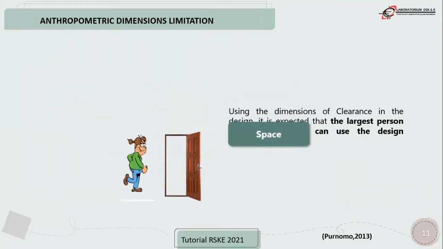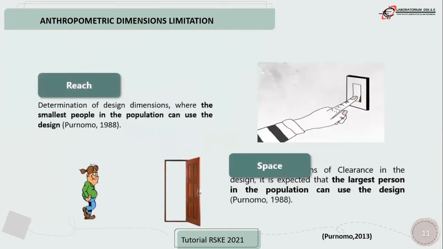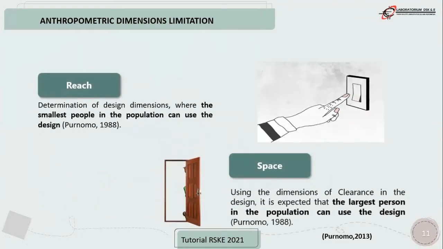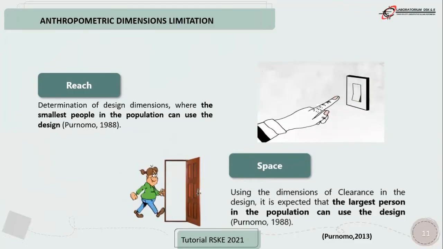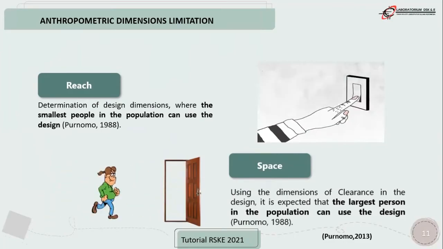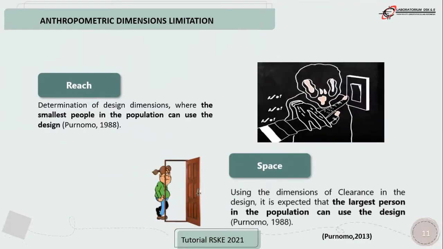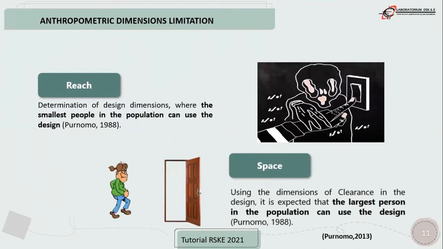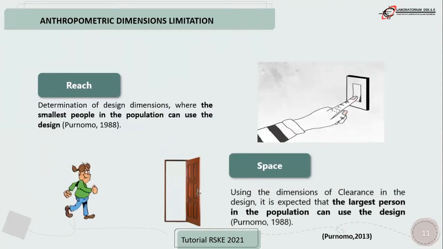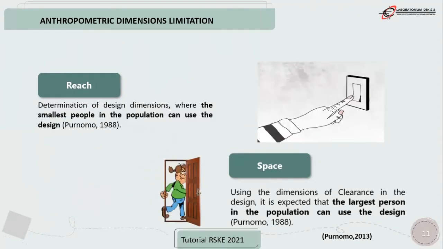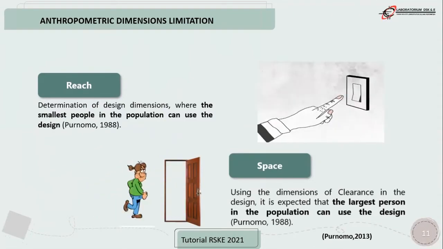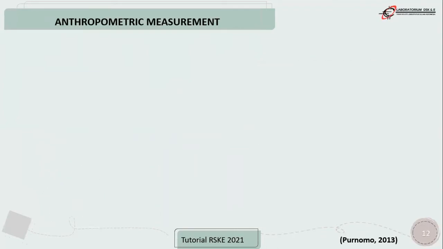And then the next is reach. The reach dimension is used to determine the maximum dimension reached by the object. So for this limitation, we use the smallest people in the population to design.